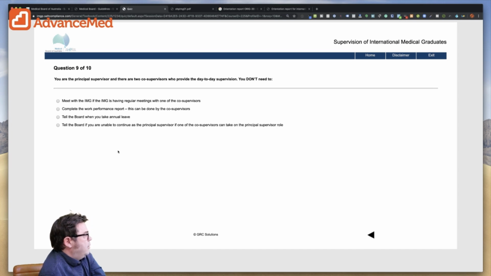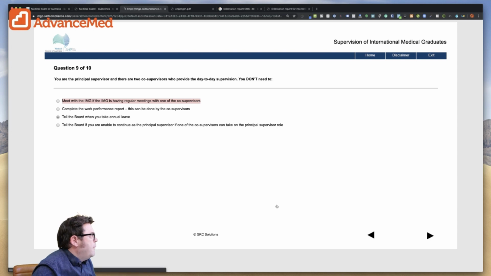Tell the board if you are unable to continue as the principal supervisor if one of the co-supervisors can take on the principal supervisor role. Well, that's incorrect. You don't need to tell the board when you take annual leave for providing day-to-day supervision, but you do need to complete the work performance report, and you do need to meet with the IMG as well, so it'll be annual leave.